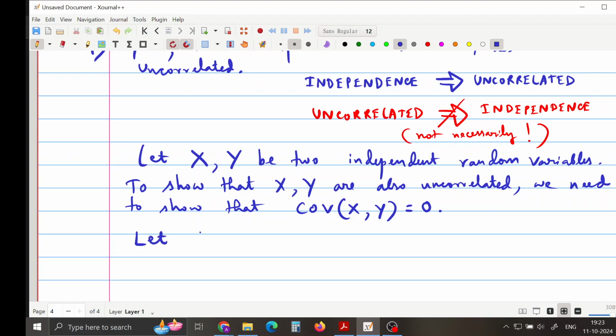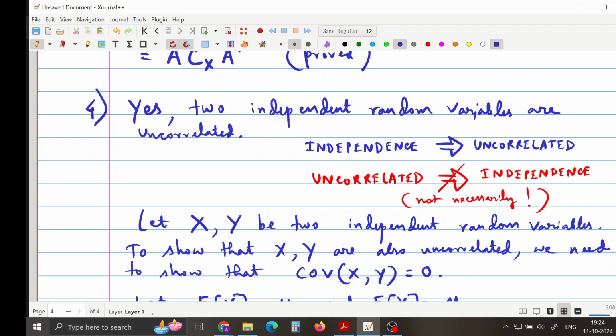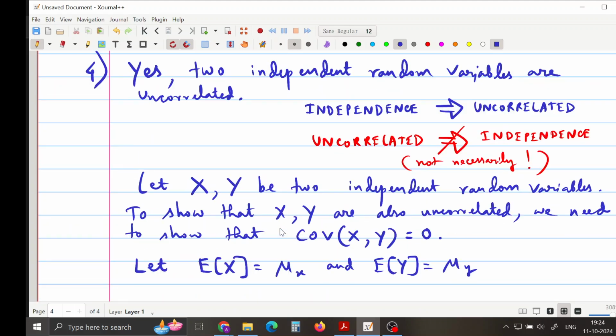So let expectation of x be equal to mu x and expectation of y be equal to mu y. They are random variables, so let these be their means.